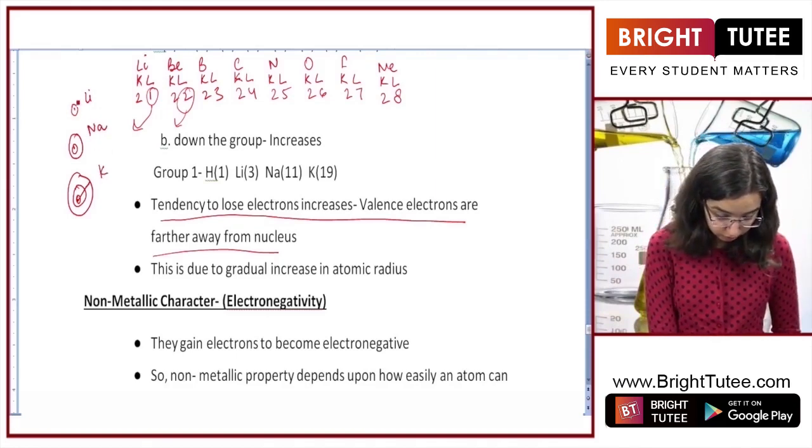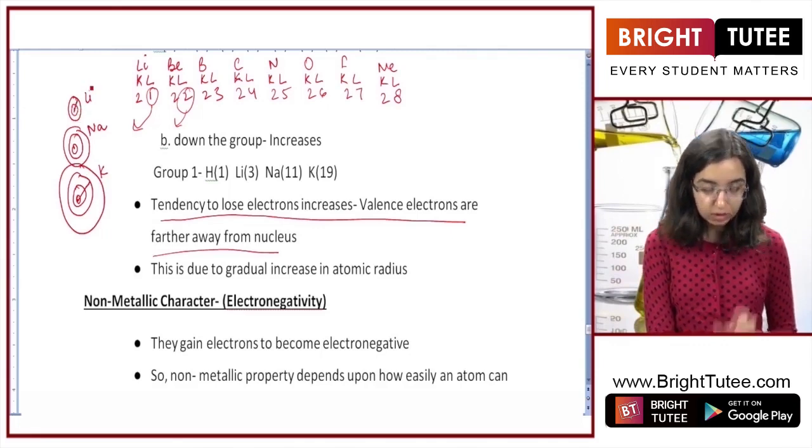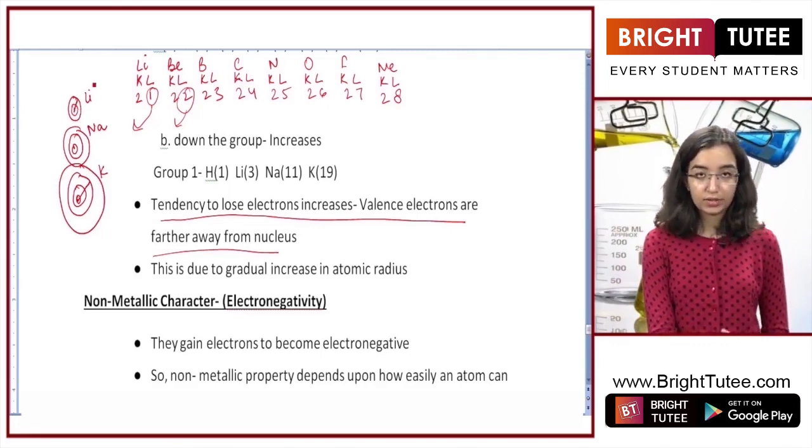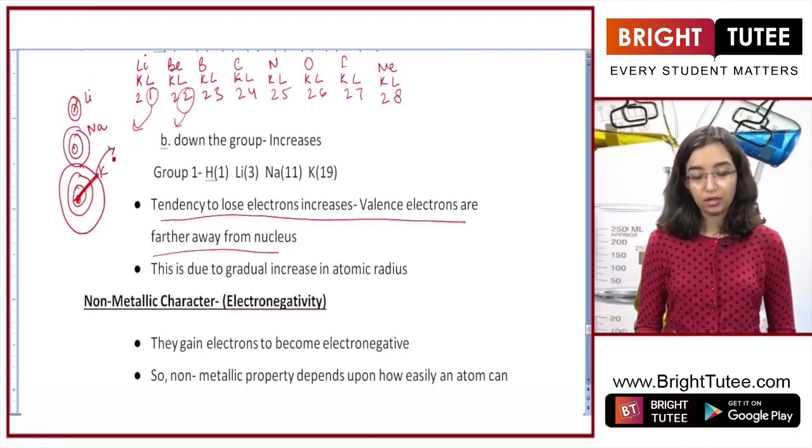Lithium would have 2 electrons. So now you see that here, the gap between the nucleus and the outermost shell is relatively less, whereas here there's an increased gap between the outermost shell and the nucleus. Because of which it is easy to remove an electron from the outermost shell.